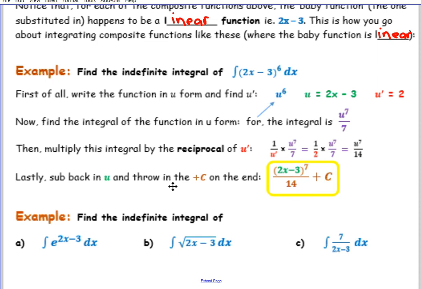Now this is a new bit, so you already knew how to integrate. Remember with the chain rule, you found the integral of the derivative of the baby, and you times it by the derivative of the mother. Similarly, you find that it's the reciprocal of the derivative of the baby times the integral of the mother. That's the difference. It's similar to the chain rule in style. So multiply the integral of the mother by the reciprocal of the derivative of the baby.